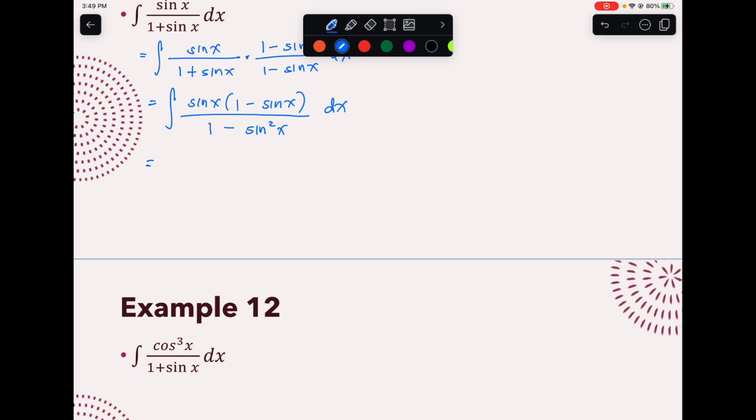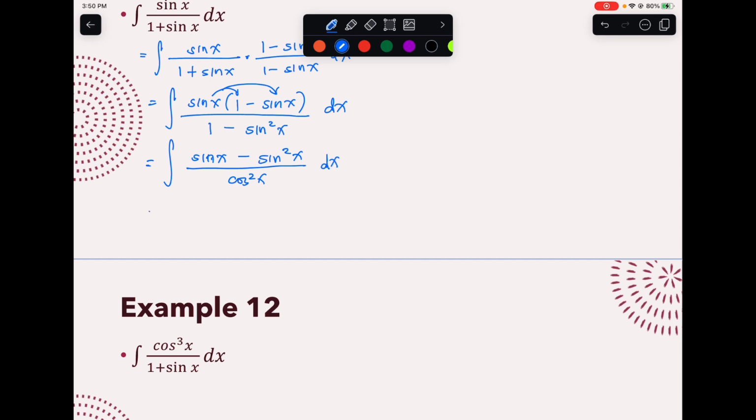What can we do with this one? So I can distribute. Sine x times 1 will be sine x. The next is minus sine squared x, all over 1 minus sine squared, which is the same as cosine squared x, right? So it's a Pythagorean identity, dx.